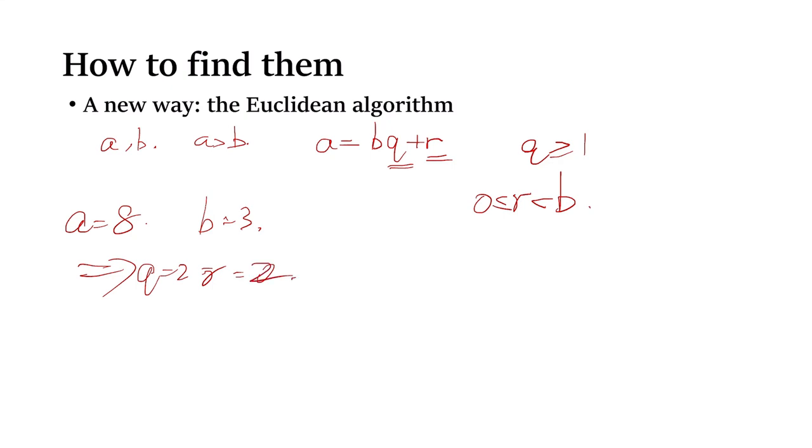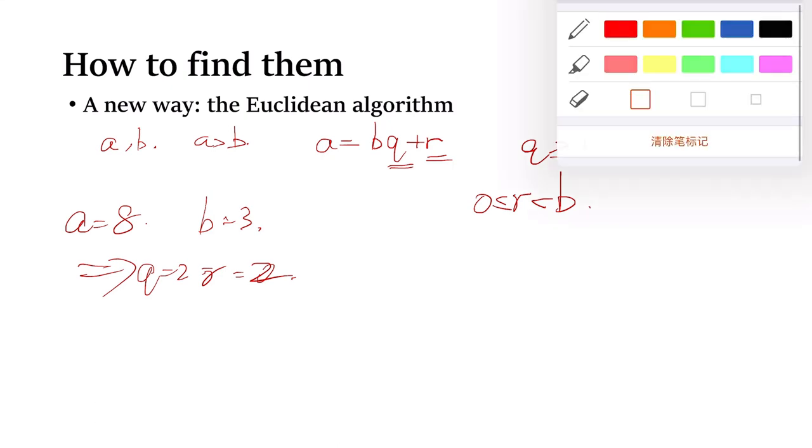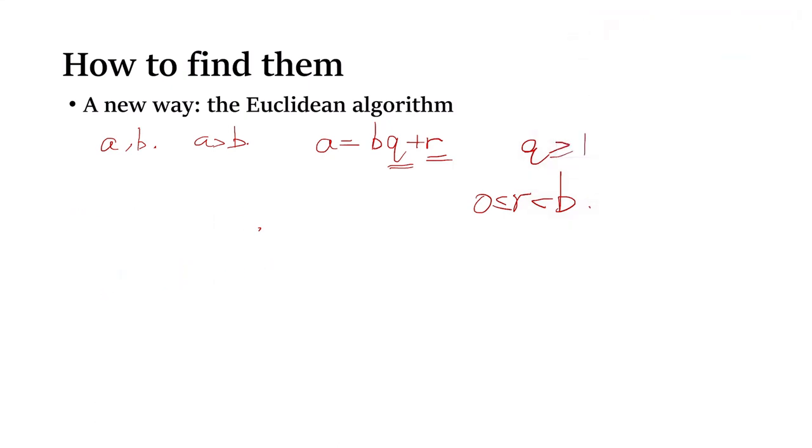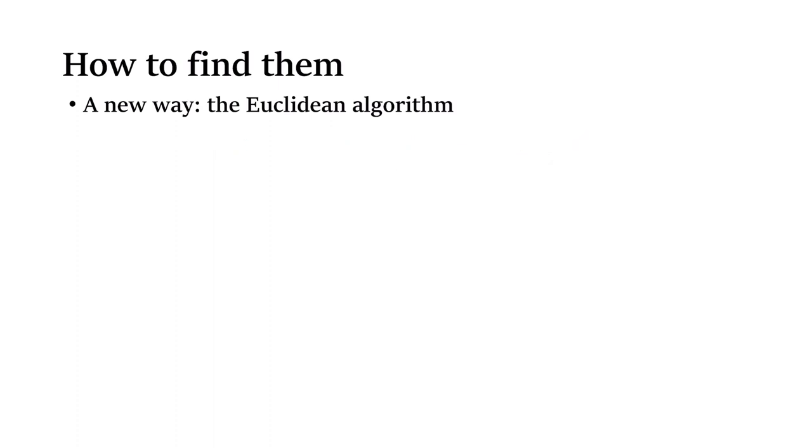That's a reasonable thing. Okay, so now let's erase it for our explanation of the Euclidean algorithm. It's somewhat complicated. For example, I want to figure out the greatest common divisor of 102 and 60.